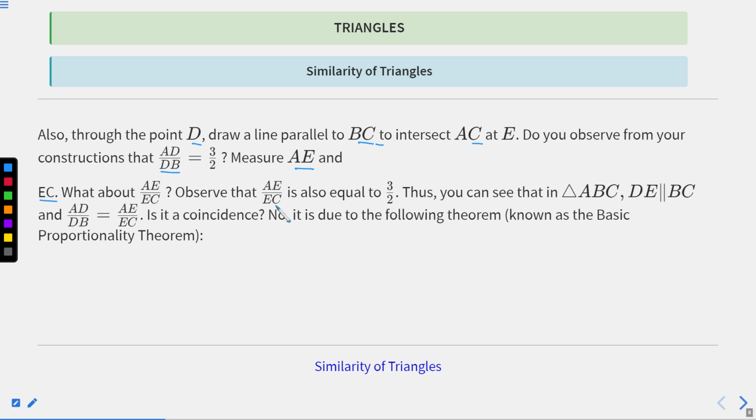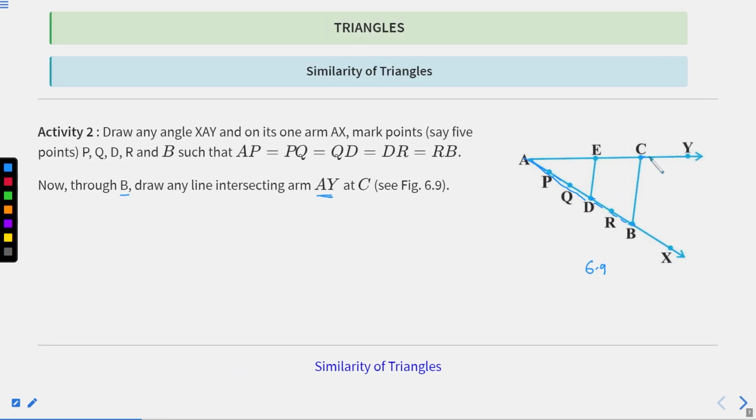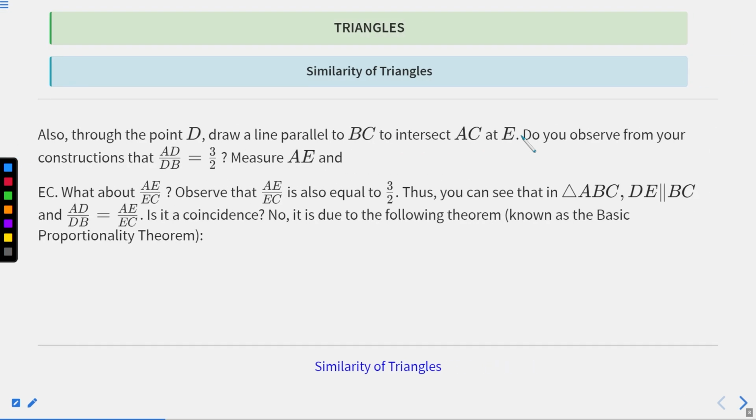Thus you can see that in triangle ABC, DE is parallel to BC, and the ratio AD over DB is equal to AE over EC.